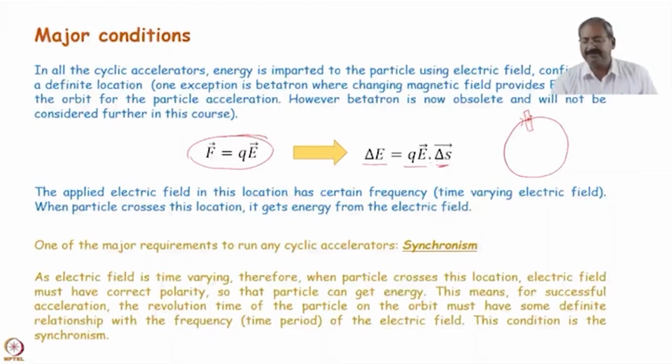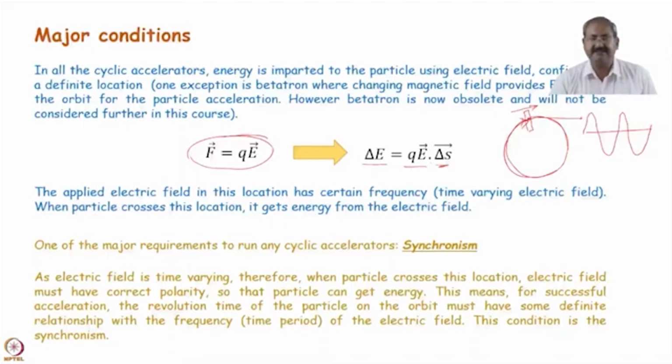However, because in the RF cavity the field has time variation, it is not constant in time. So if a particle is reaching here at the correct moment, suppose sometimes the field is in this direction and the particle gets energy.